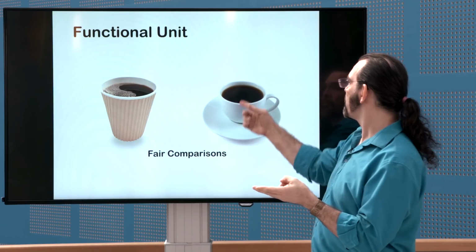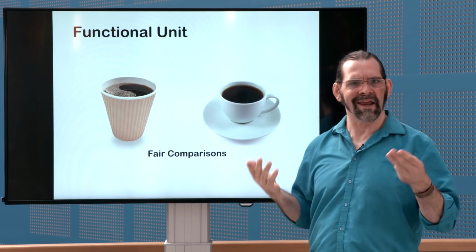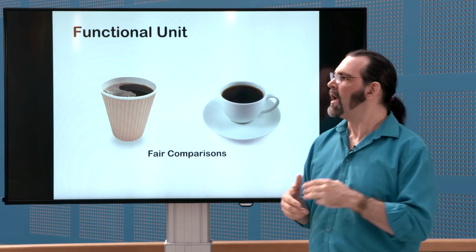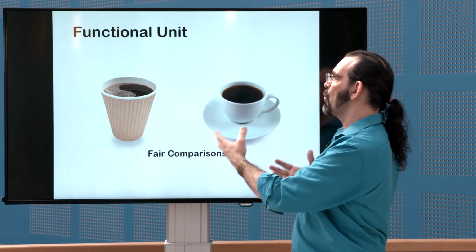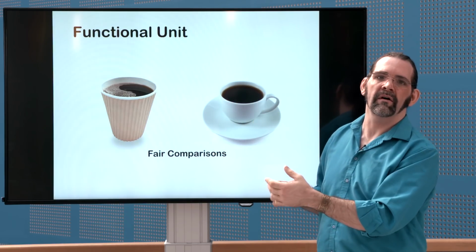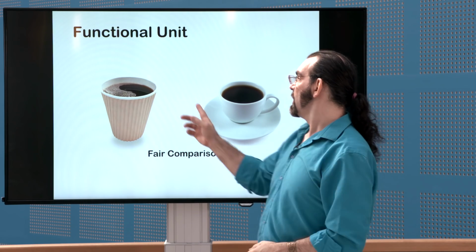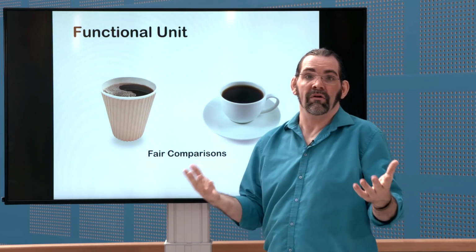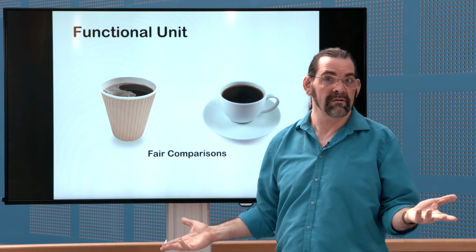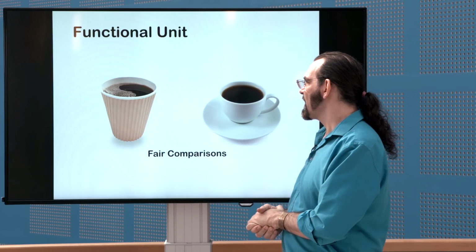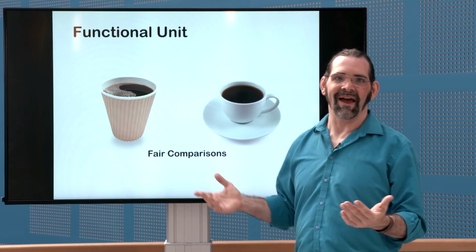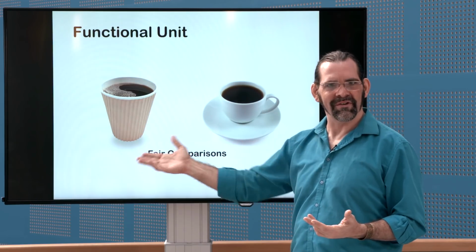Pottery has to be fired in a kiln, that's very energy intensive. So if you were just saying what are the environmental impacts of producing one coffee cup, then this would be the more environmentally friendly option, right? But I think nobody would say that that is the more eco-friendly choice here, right?